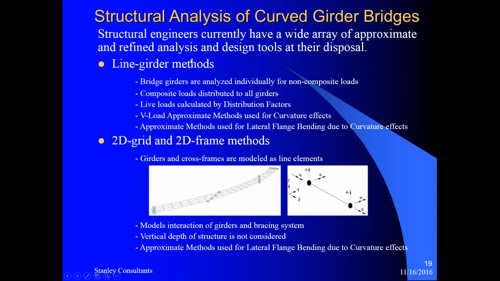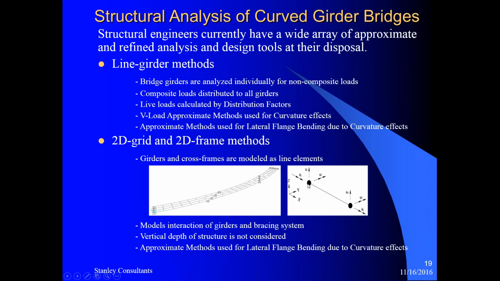But the disadvantage of this method is that you still don't consider the interaction between girders. In order to consider the interaction, we need to go to 2D grid or 2D frame element methods. In these methods, all the girders and the cross frames are modeled by line elements.